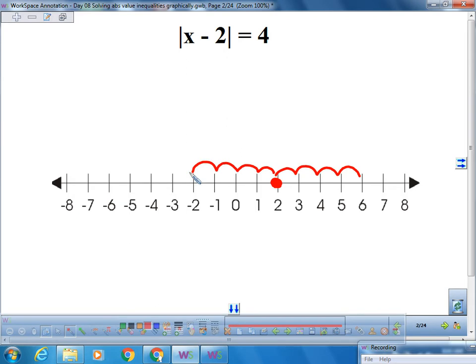So the solution to that would be x could either be 6 or x could be -2, because both of those numbers are 4 units away from 2.